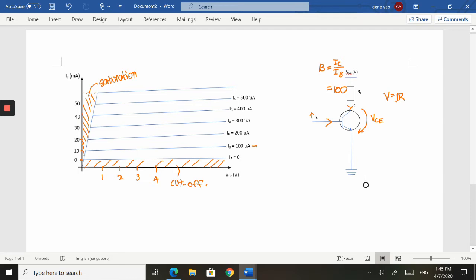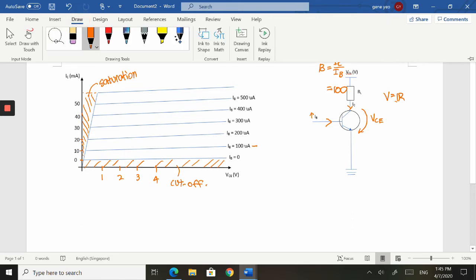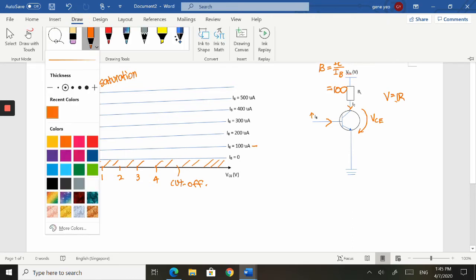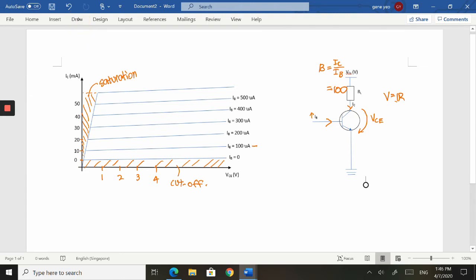Another piece of information that I can get is when will I hit the saturation region? So let's choose a different colored pen to illustrate this. Let's say I want to use a 0.5 VCE.